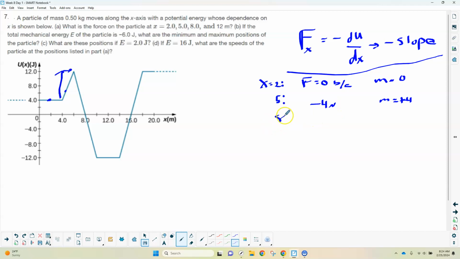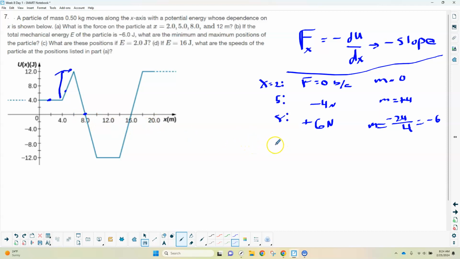For 8 meters, we're here, and the slope of that line starts at 12, ends at negative 12, so it drops 24. Doing the slope calculation, negative 24 down, and it goes over like 4. So that's going to be a negative 6 for the slope. And the opposite of that would be positive 6. So positive 6 newtons is the force acting on it at 8 meters.